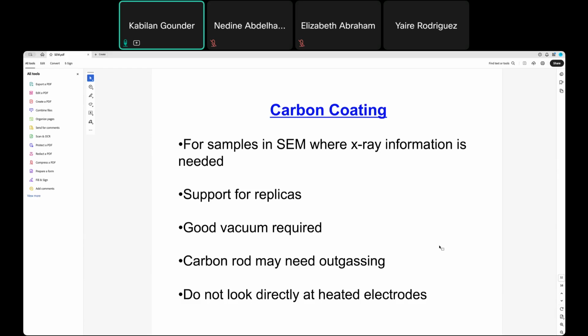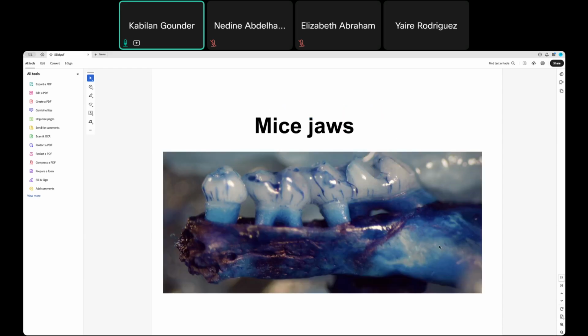Also, the carbon rod may need outgassing during this process. So, a warning: do not look directly at the heated electrodes when coating your samples. Whereas with gold particles, it's a small chamber with vacuum, so it doesn't cause any harm.